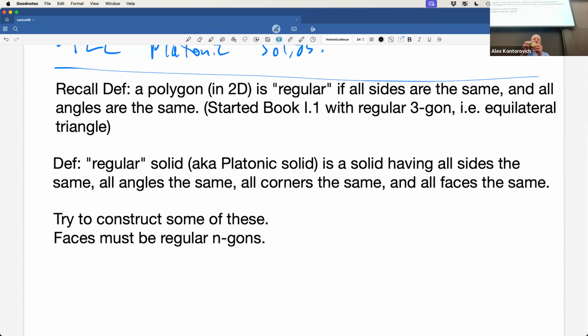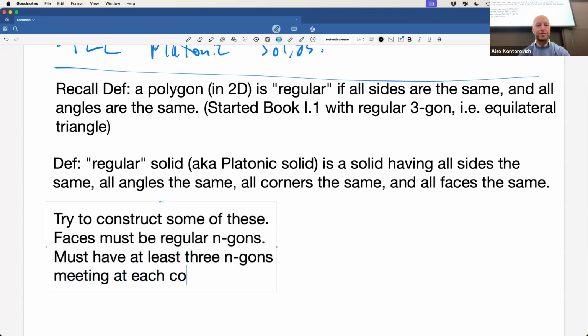One of the things that he proves is that at every corner, there have to be at least 3 shapes. Two shapes can't meet at a corner, that doesn't leave any room, so we must have at least 3 of these n-gons meeting at each corner.